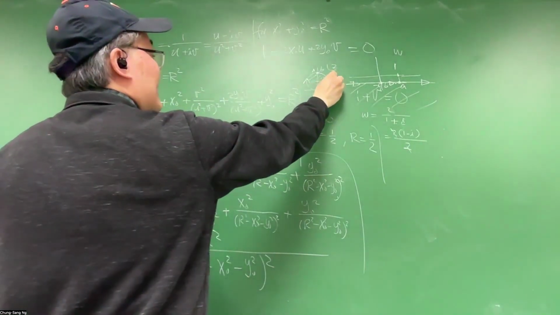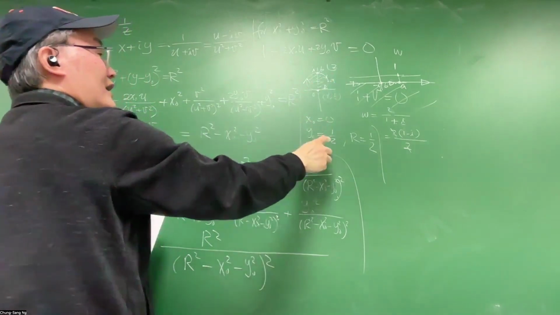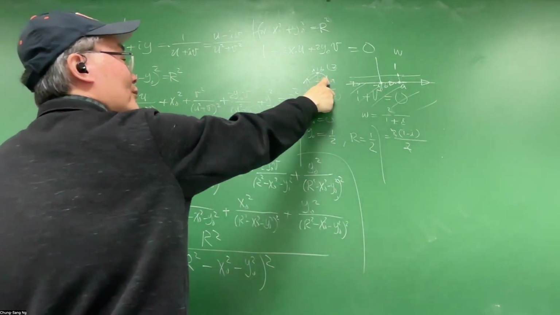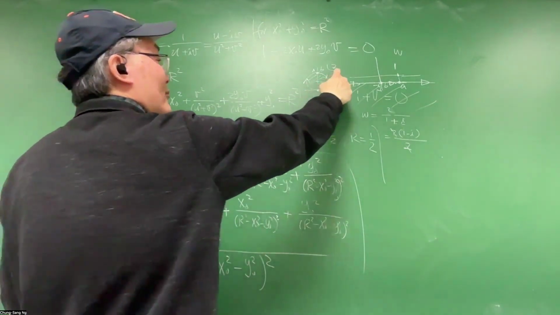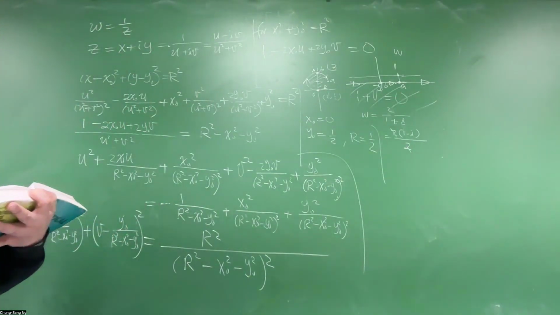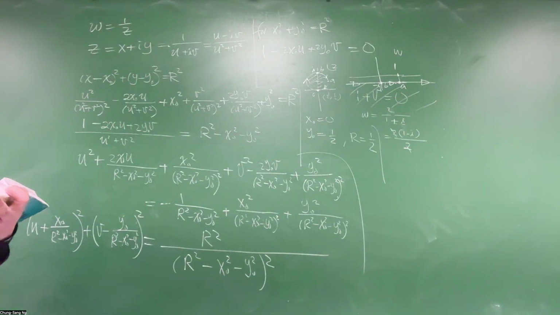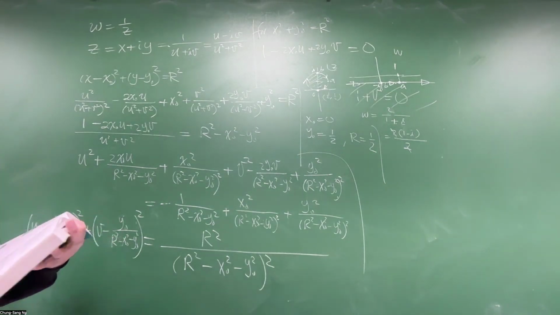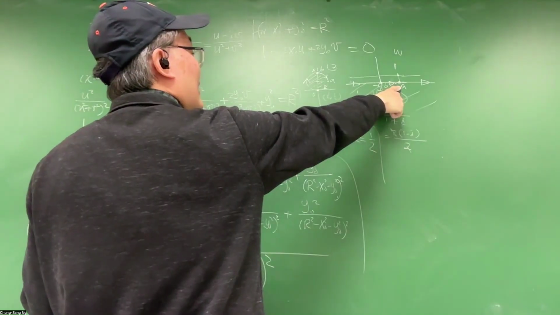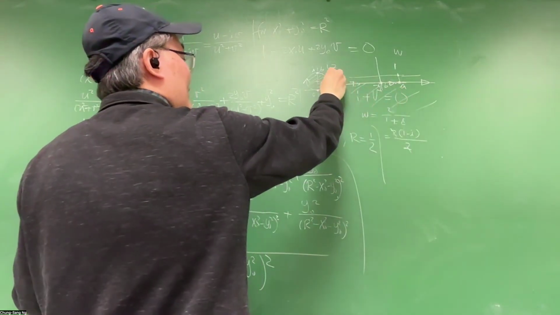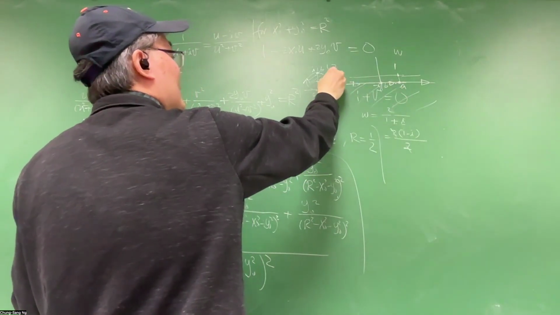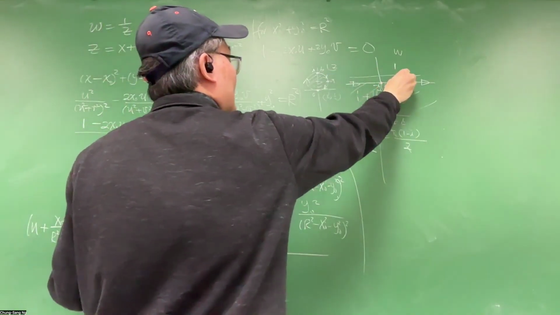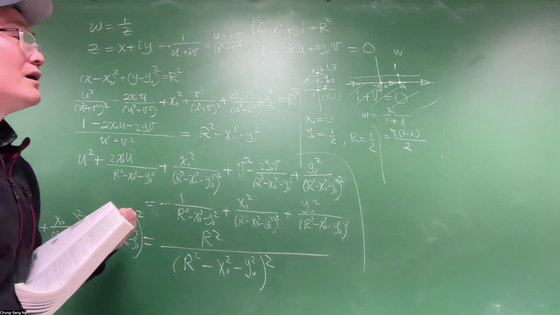This is just to indicate a point. I just try to figure out what point this point will map to on the W plane. You can choose any point on the circle that is convenient for you to map. This means that this point on the Z plane will map to this point on the W plane.